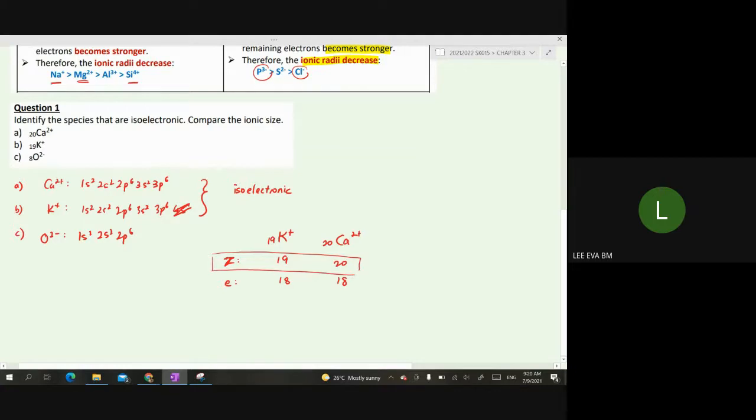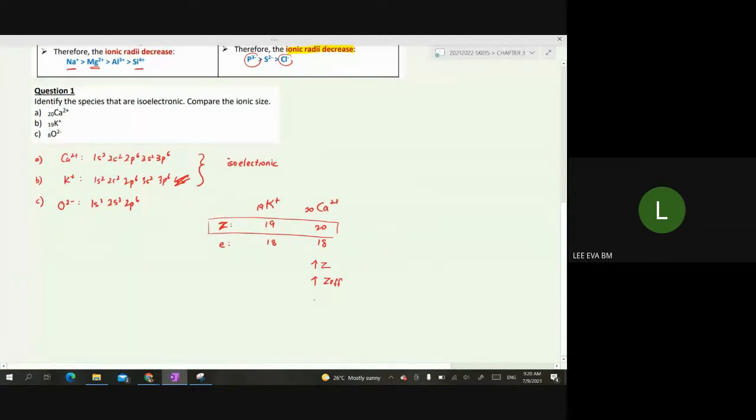The bigger the proton number, the bigger the Z effective. The bigger the Z effective, the stronger the attraction between the nucleus and the remaining electrons. Therefore, Ca2 positive has a smaller size.